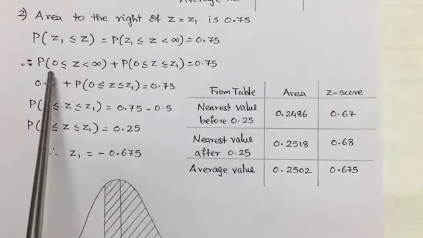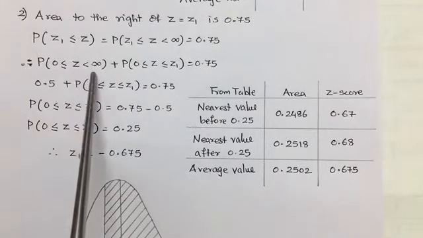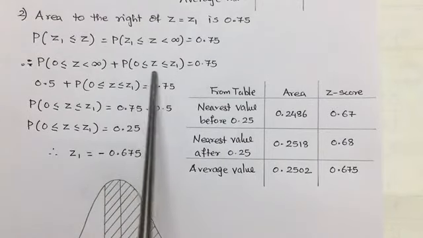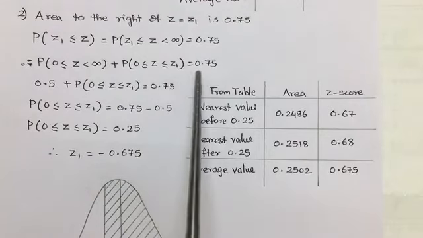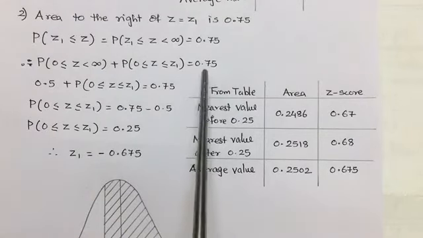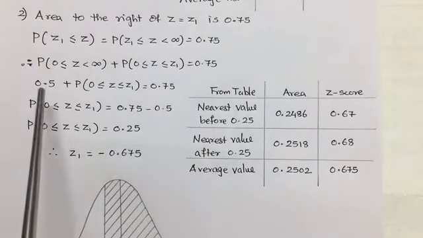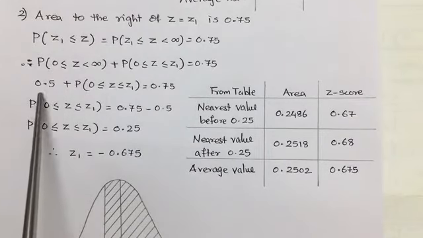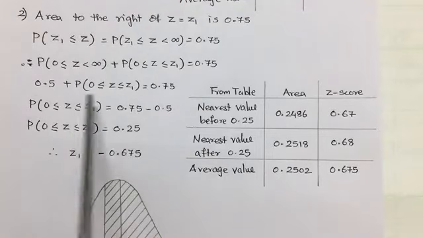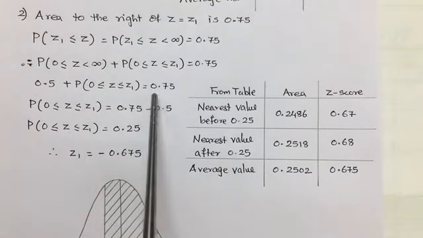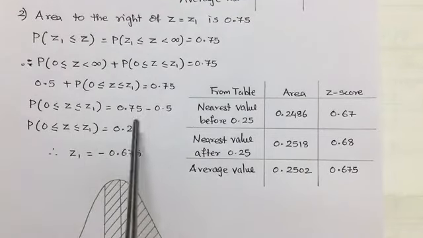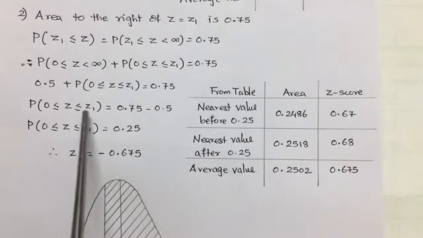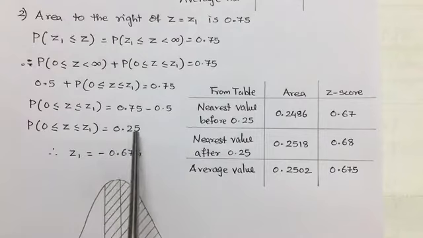So we get 0 less than or equal to Z less than infinity plus 0 less than Z less than or equal to Z1, and that area is 0.75. Keeping the area from 0 to infinity as 0.5 and shifting 0.5 to the other side, we get the area for 0 to Z1 as 0.25.